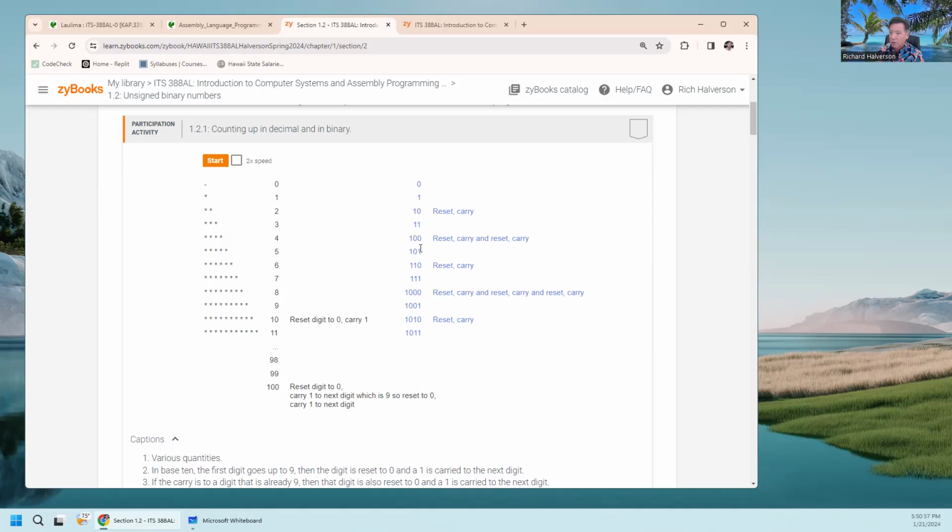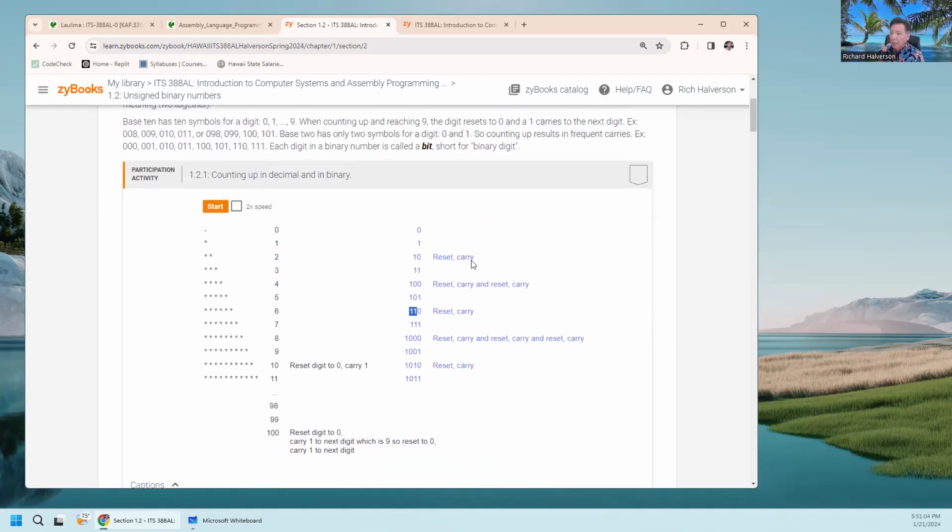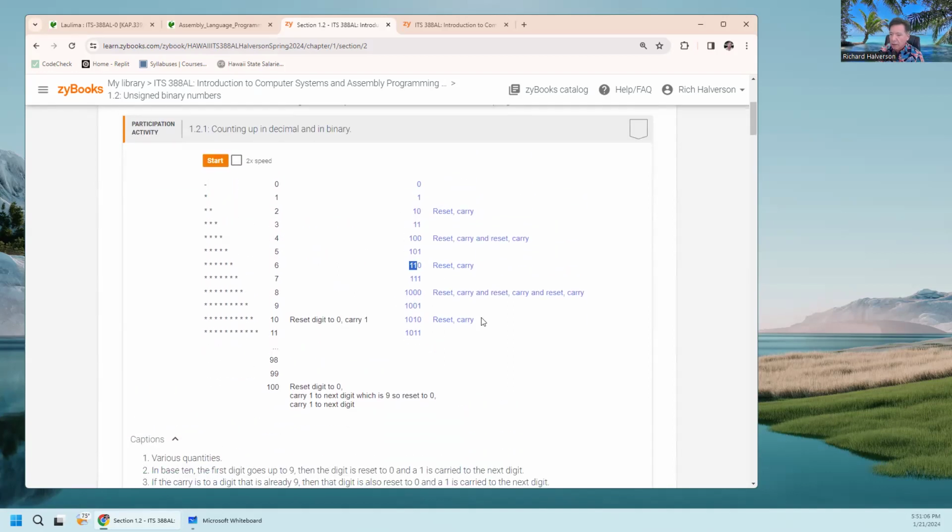It's 2, and then this is 3. That's how you count in binary. This represents 6, this represents 10. Here's 10 stars. So this is like unary almost. This is unary, this is decimal, and this is binary.